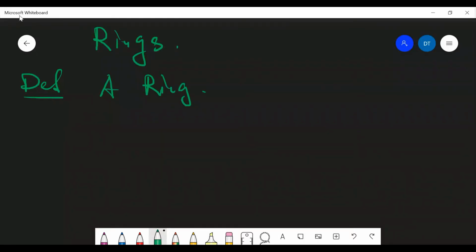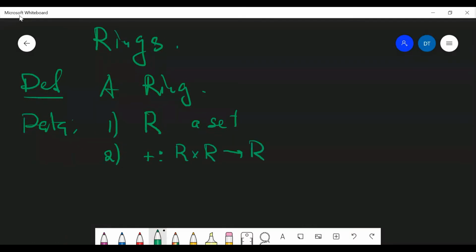In order to define a ring, I need to choose some data. So what are the data? First of all, I want to fix a set. I want to denote the set by the letter R. This is a set. Then I want to fix an operation, which will be denoted by the symbol plus, and I will call this operation addition.